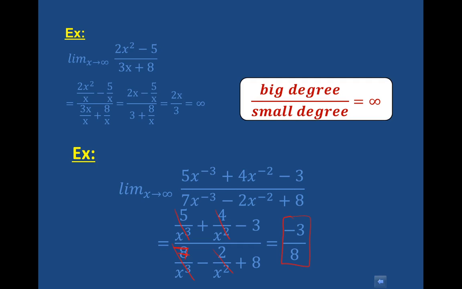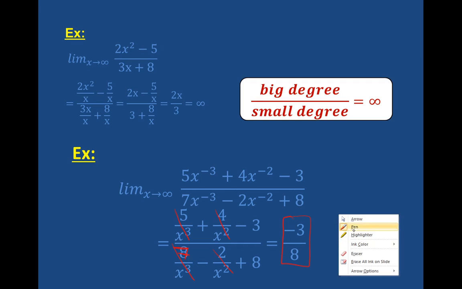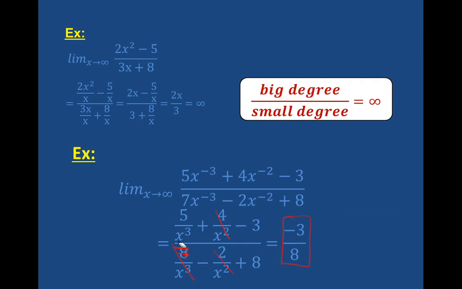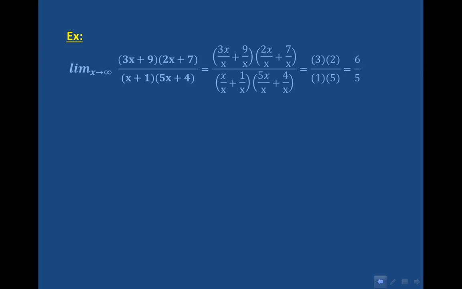Another problem. Limit when x tends to infinity of (3x + 9) times (2x + 7) over (x + 1) multiplied by (5x + 4).